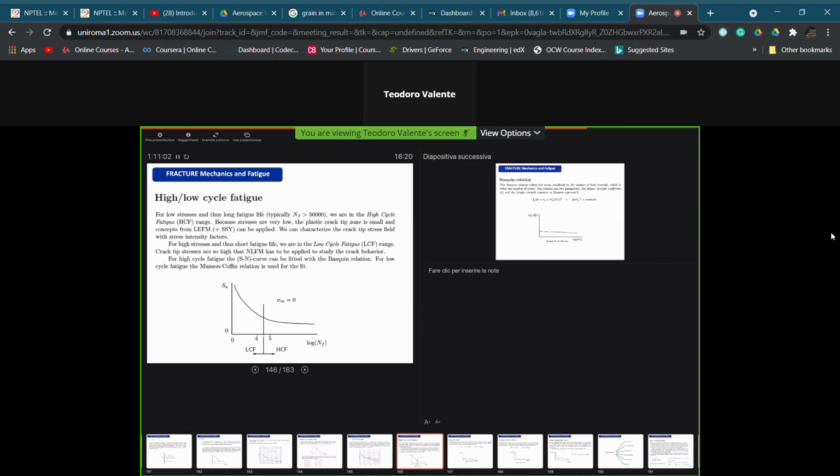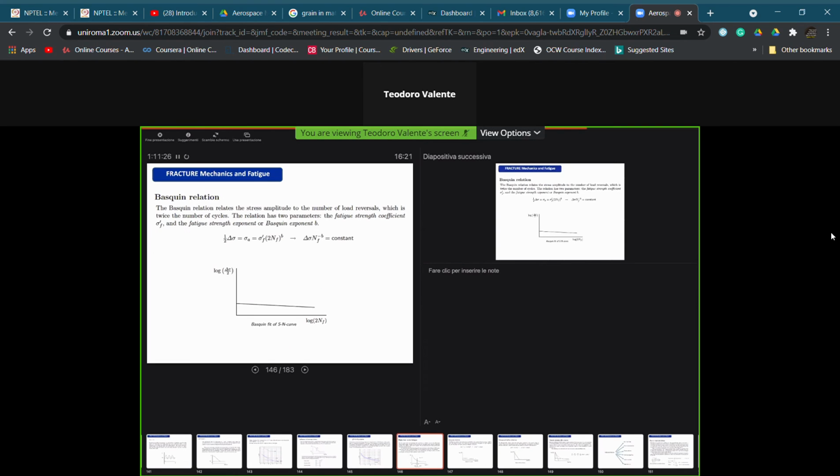So what we usually want to realize is the case of high cycle fatigue, which is the most common. But if for some problems we enter the area of low cycle fatigue, please remember that the modeling is different from those we have already seen, and that now we will refine.